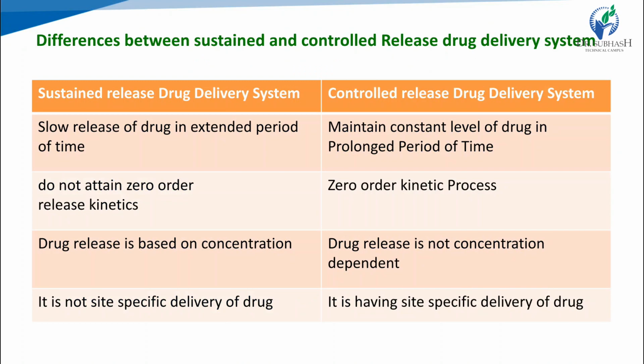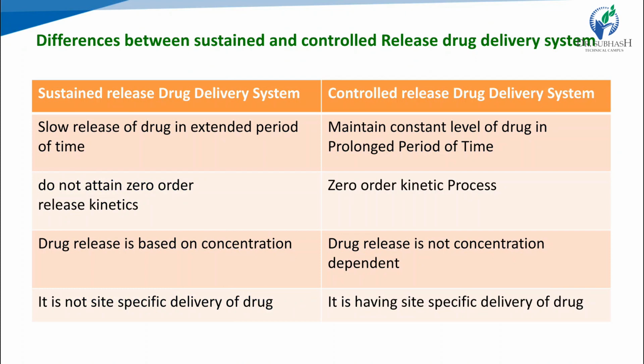Next, the difference between the two terminologies we use, sustained and controlled release drug release systems. What is the difference between sustained release and controlled release? We already saw the definitions. In sustained release, we only go for a prolonged or extended period of time for the drug release. Slow drug release goes for a maximum of 12, 18, 24 hours, like that.